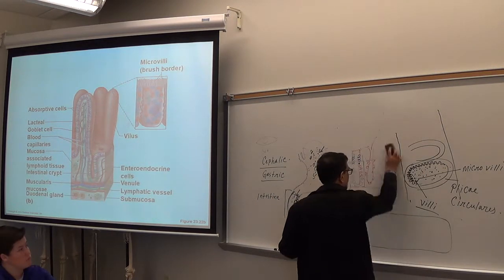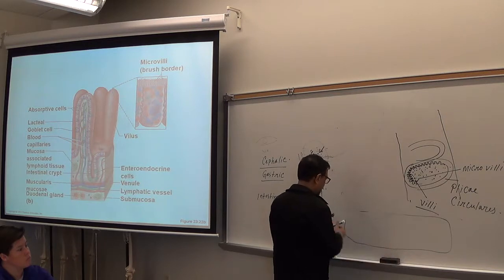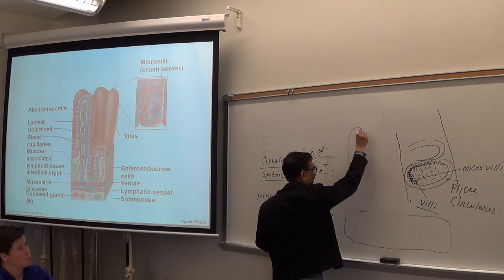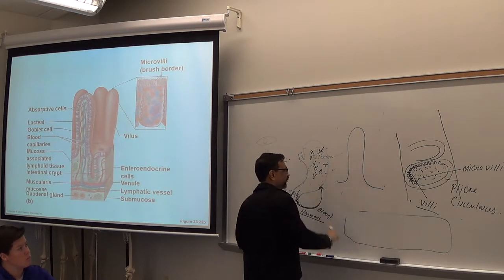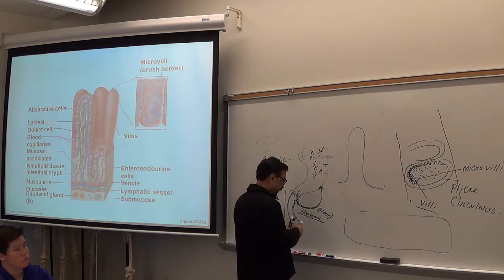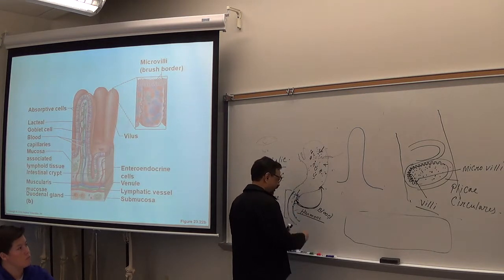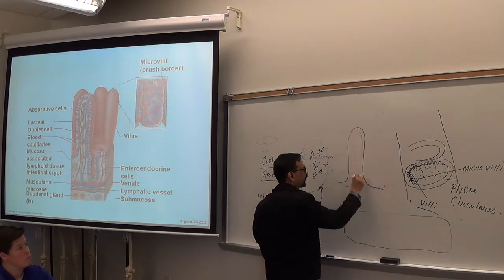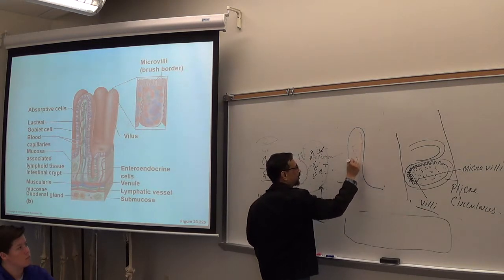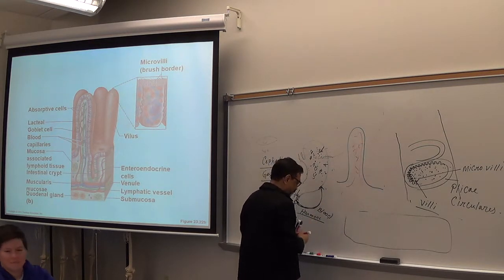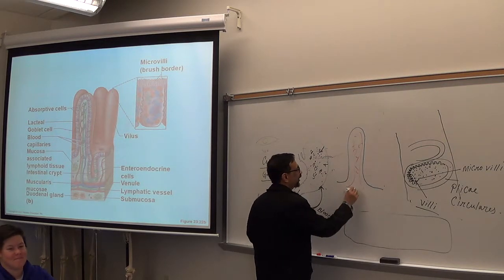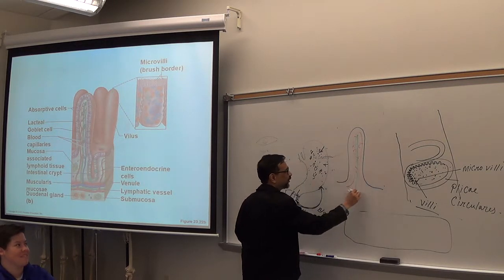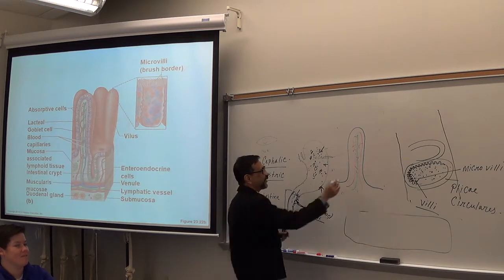So if I draw just one villus here, inside that you have blood capillaries as anastomosis, okay, as well as lymphatic capillary. This is the lymphatic capillary, no anastomosis. And you have nutrients here.